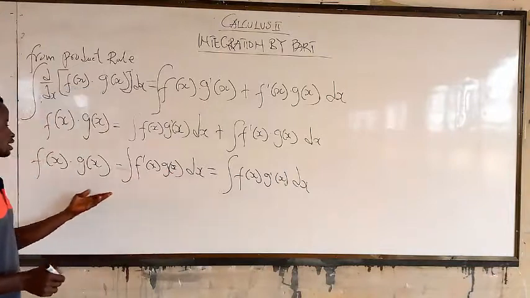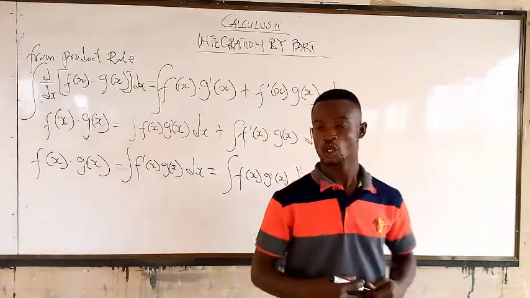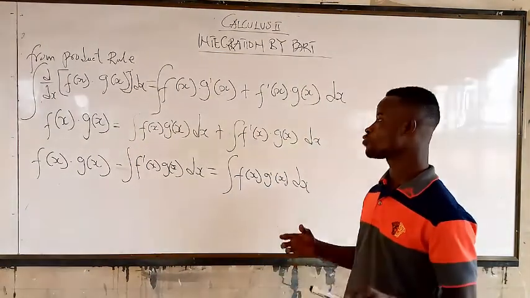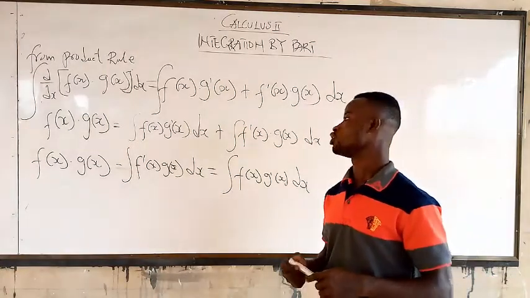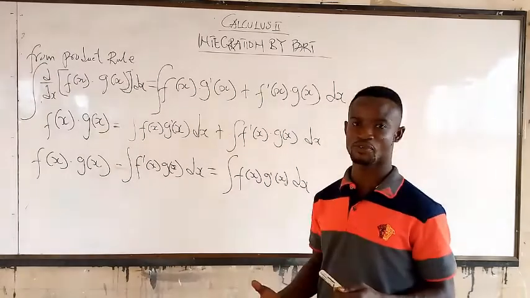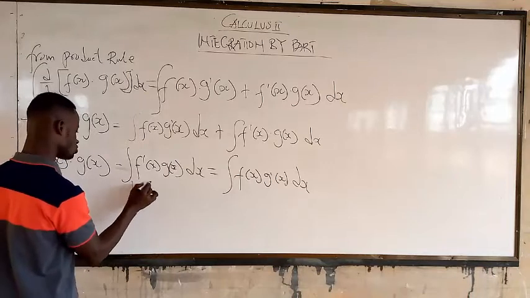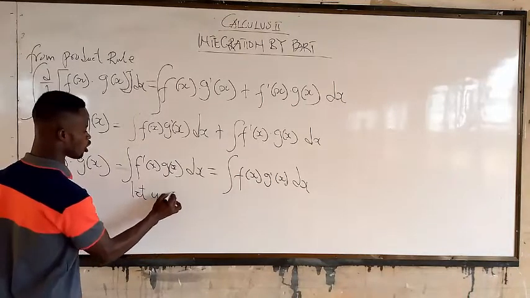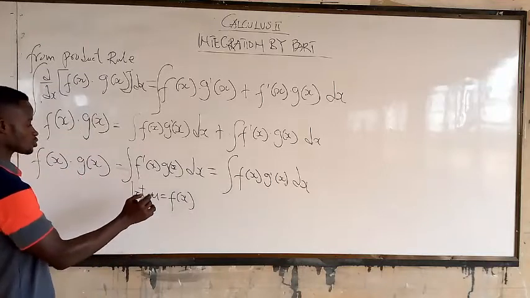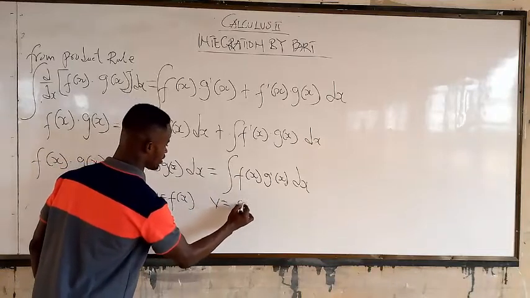Very good. Now having this, as we do in the product rule, when two functions are being multiplied, you set one equal to u and the other equal to v. In the same way, we are going to let u be equal to f of s and v be equal to g of s.